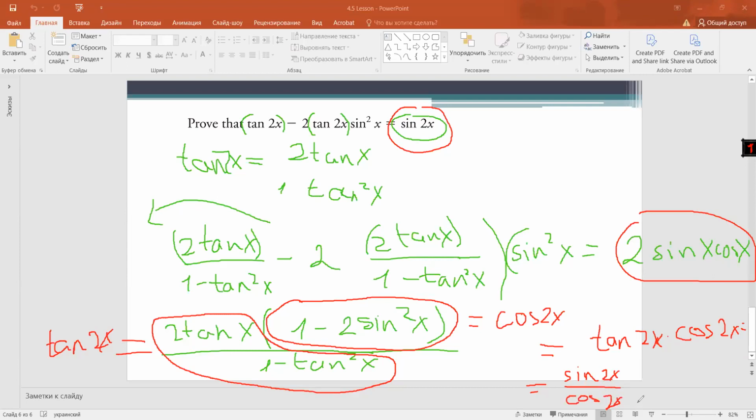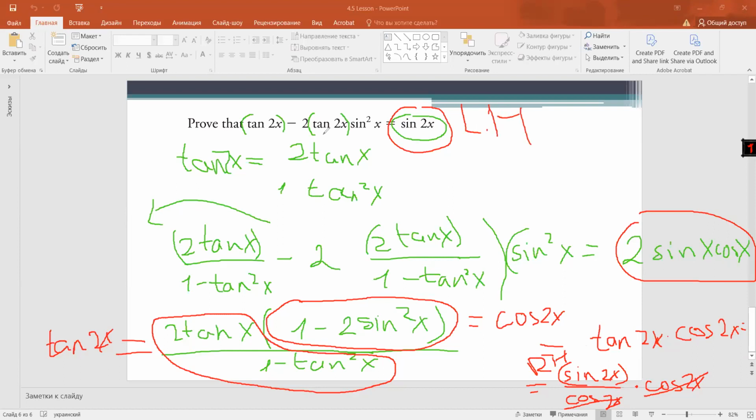This is a basic trigonometric identity for tangent. Tangent equals the ratio between sine and cosine of the same angle. So sine of 2x over cosine 2x times cosine 2x, you see? And luckily cosine 2x is factored out, basically simplified in this equation. And what we get as a result is sine of 2x. You can also expand it or just say that the right-hand side, as we showed, equals the left-hand side.